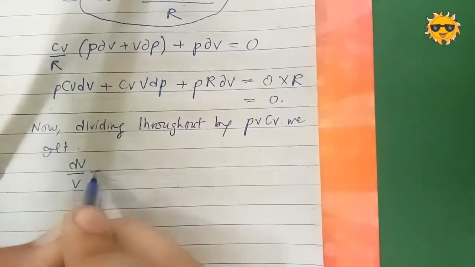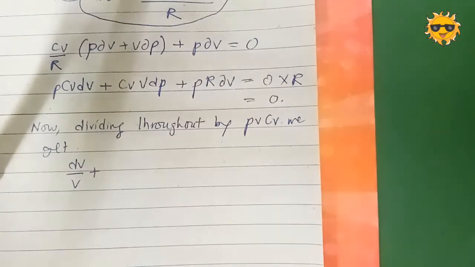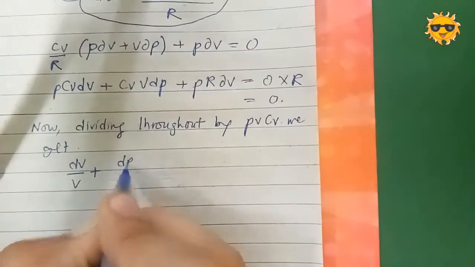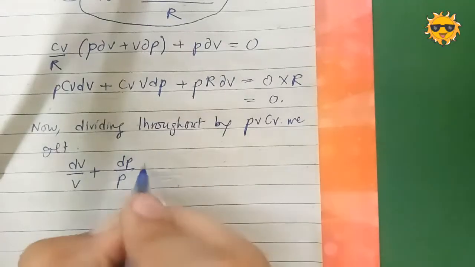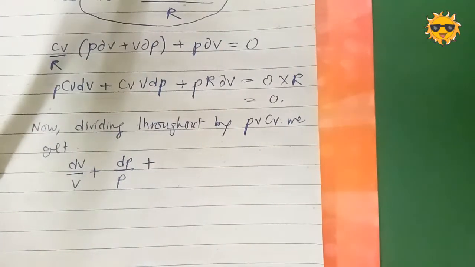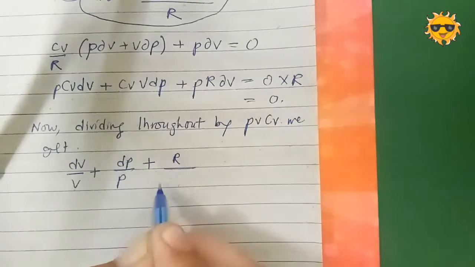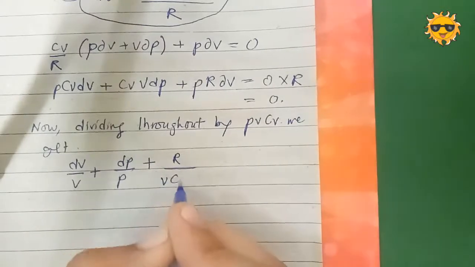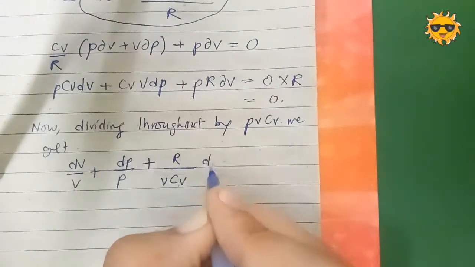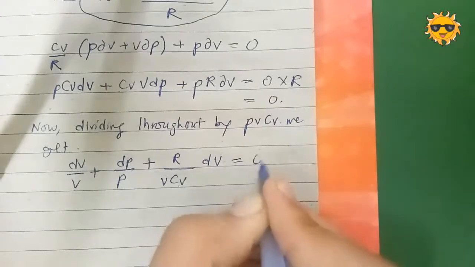We get dV by V plus dP by P plus R by Cv times dV by V equals 0.